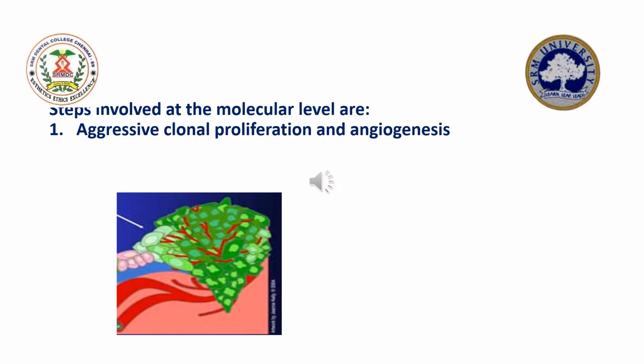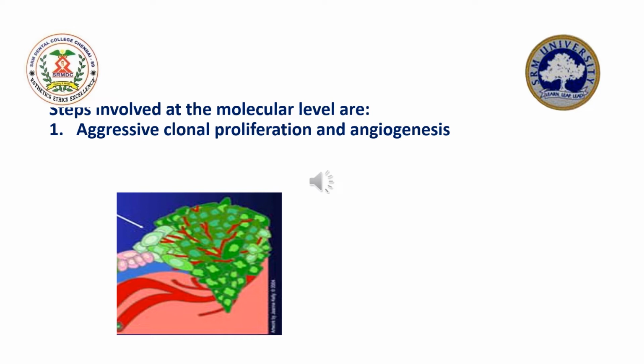The invasion of tumor cell is divided into a number of steps at the molecular level. Under that comes the first level, that is aggressive clonal proliferation and angiogenesis. The fundamental abnormality resulting in development of cancer is the unregulated proliferation of cancer cells.